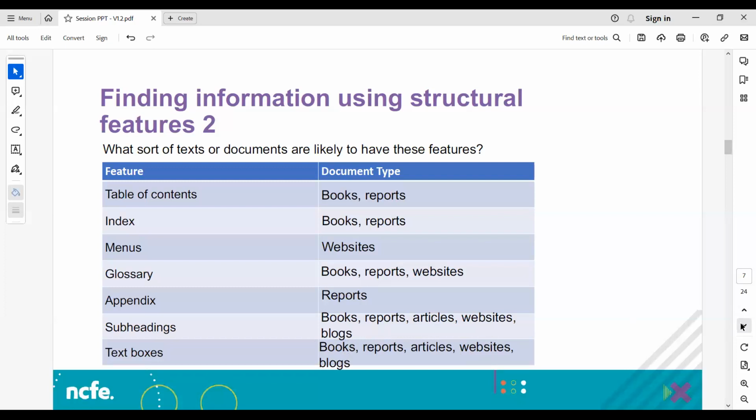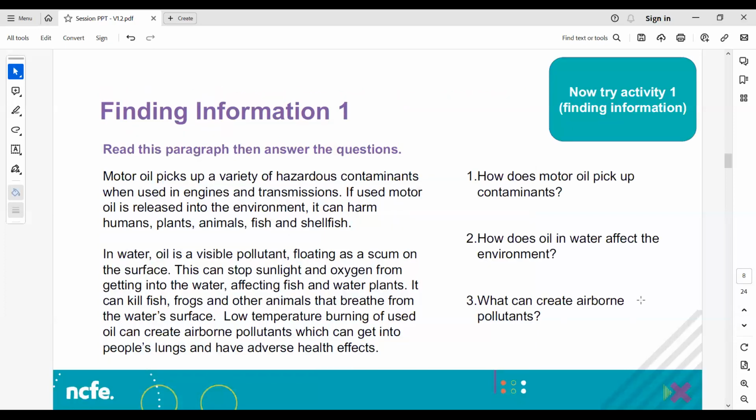Good. Okay. So we're going to practice now. I want you to read the paragraph. If you read it on your own device, just read it to yourself, and then we'll look at answering the question. I'll give you a couple of minutes to read that.